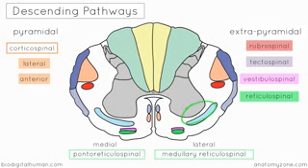So you'd have the medullary reticulospinal tract fibres in this region here. So that's the lateral reticulospinal tract. And this tract, the reticulospinal tract, is responsible for reflexes, muscle tone, and is also involved with the respiratory and circulatory system.